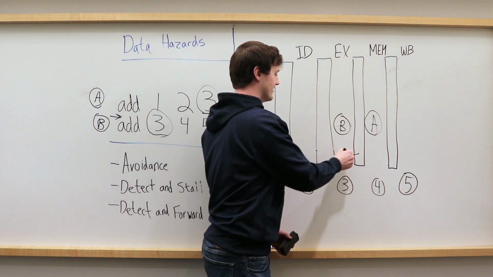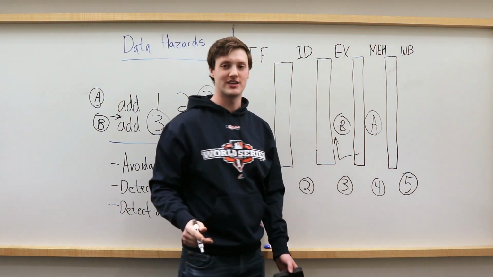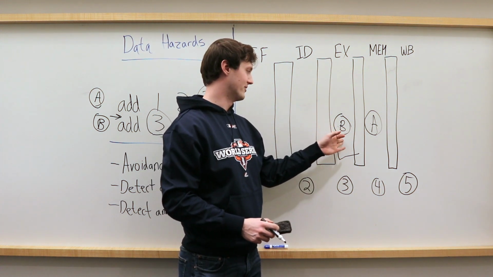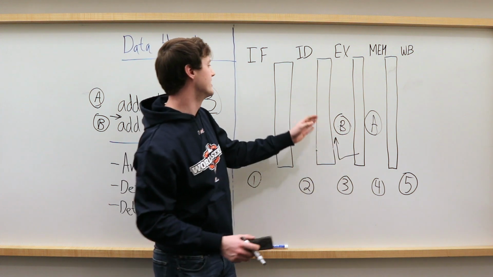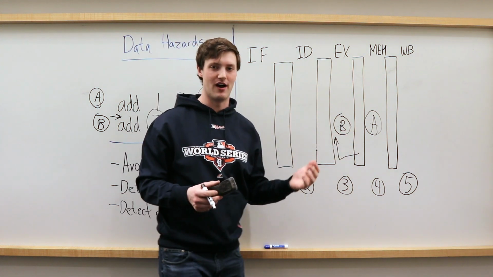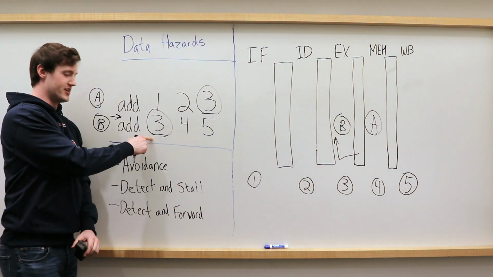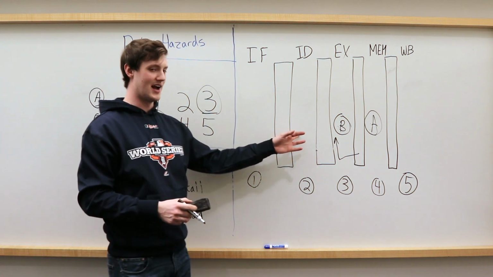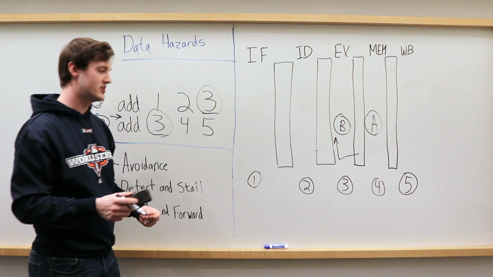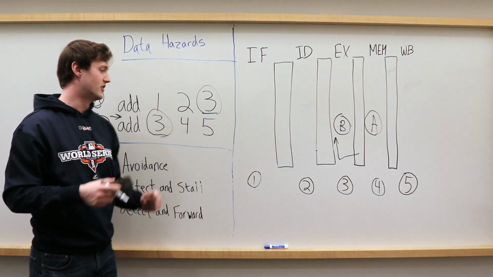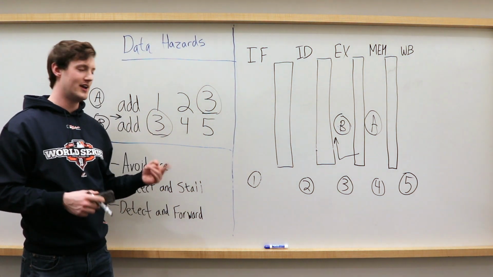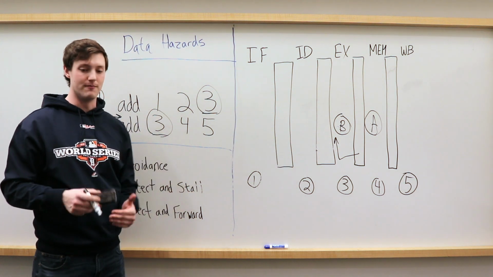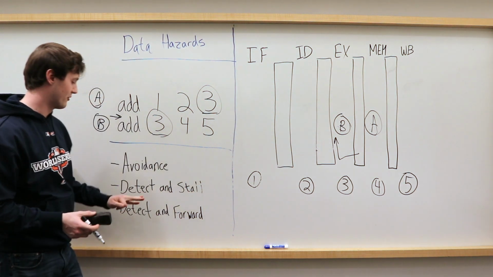So we would take the value that instruction A just calculated and use that for the calculation, as opposed to using what is now really a garbage value that instruction B originally loaded from register 3 in the ID phase. So we basically use the hardware of the pipeline to override what we already loaded in the ID phase.